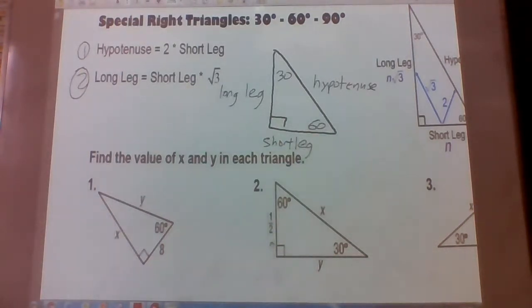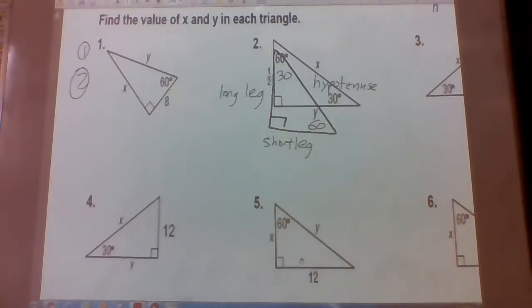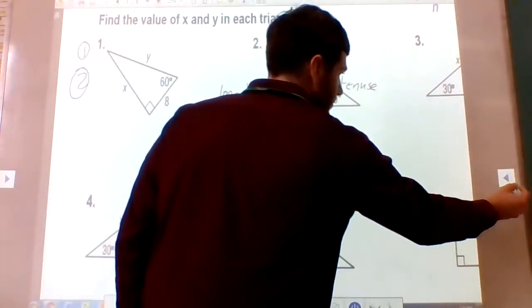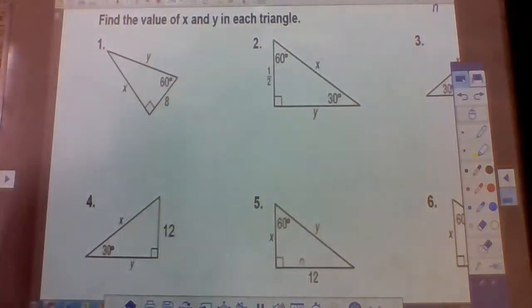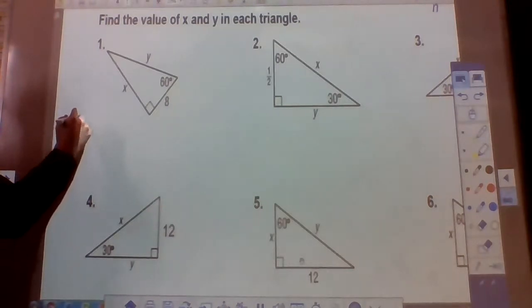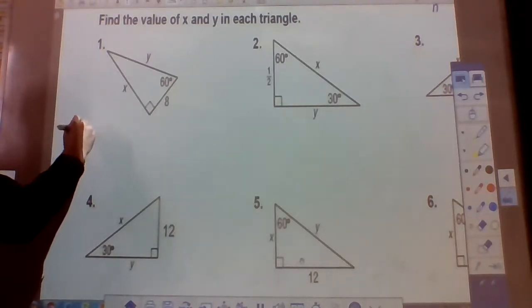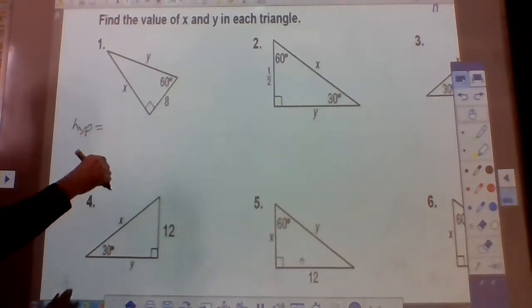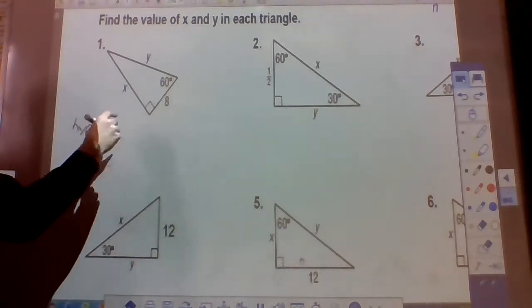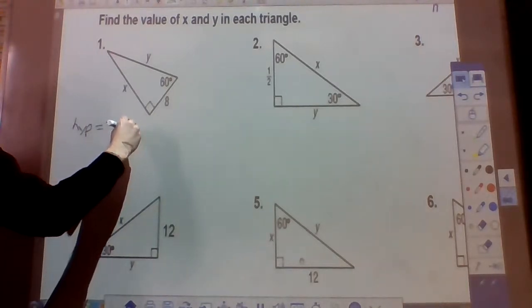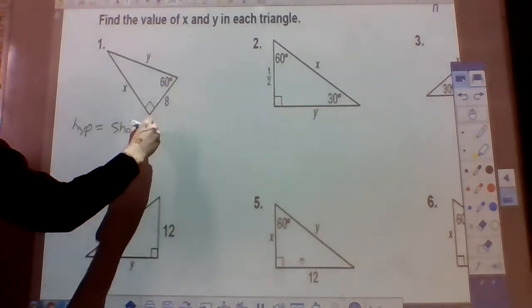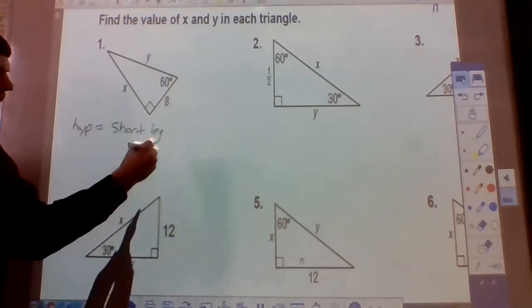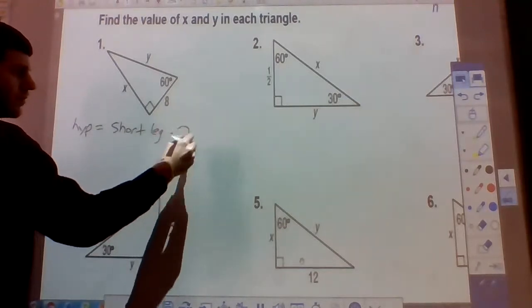All right, number 1. We've got to find the value of x and y for each of these. So let's write our two equations out. We had the hypotenuse equals the short leg times 2.